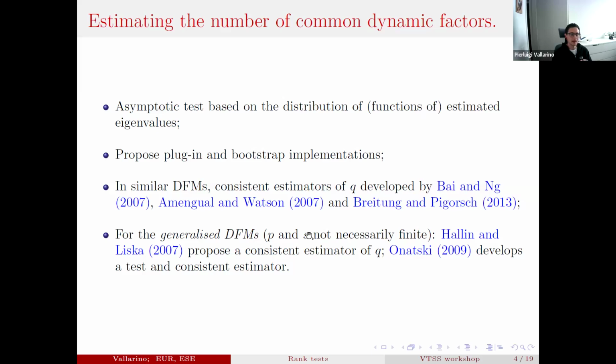Now, when p and s are not necessarily finite, that is the generalized dynamic factor model, Hallin and Liška proposed a consistent estimator of q, while Onatski developed a test, and on top of that he also developed a consistent estimator. So, at a high level, our methodology is more similar to the approach of Onatski: first a test, and then a consistent estimator.